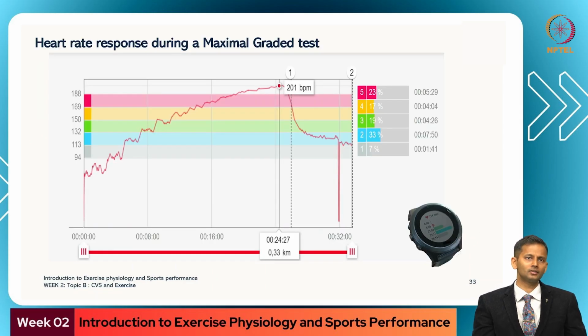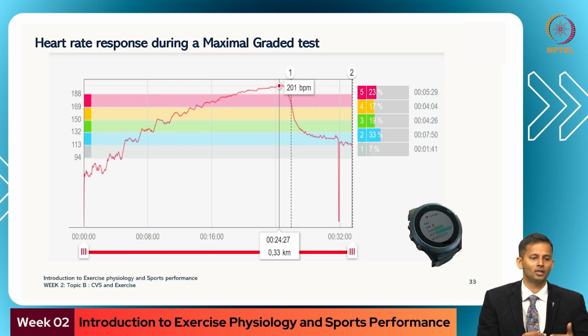So let's see an application in terms of a maximal graded test. What is a maximal graded test? When you ask an individual to do a treadmill or a field test, for example a beep test or a yo-yo test, you want the individual to exert to the maximum, but not randomly; with a prescribed protocol graded over a period of time.